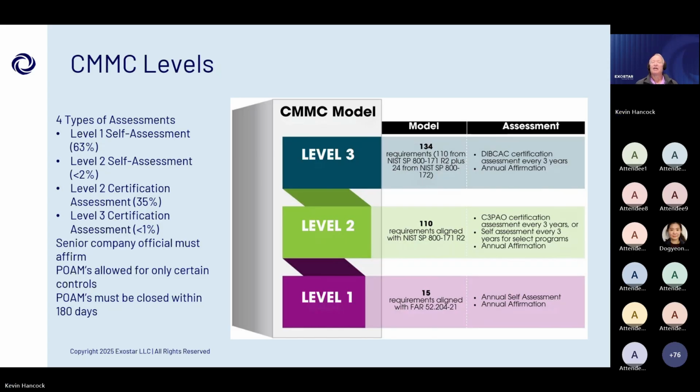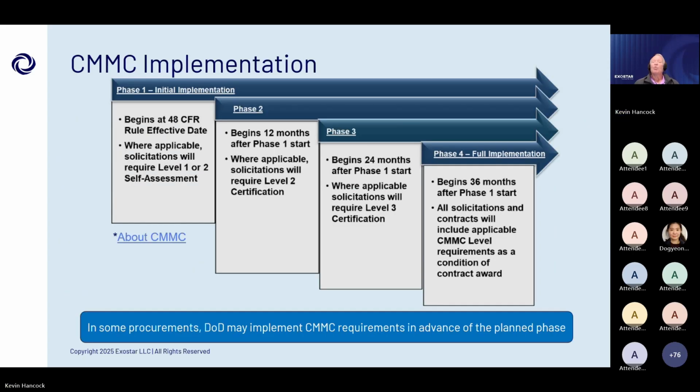Now, starting last Monday, the 10th, just a couple of days ago, that really kicked off the CMMC implementation phases. This is directly from the DoD website. It is expected that this initial phase is going to last for the first year.